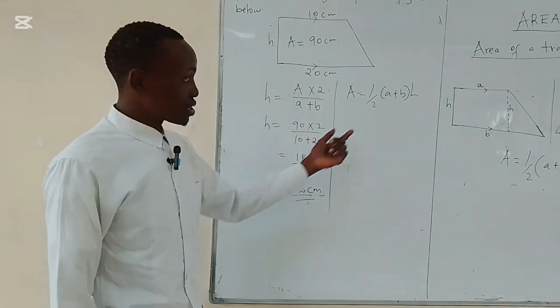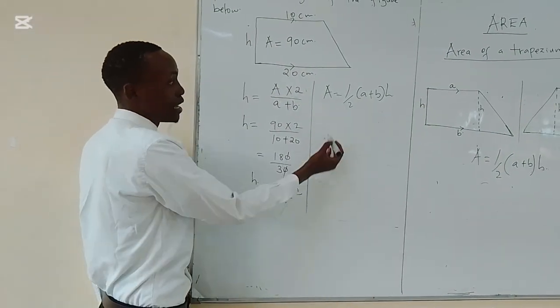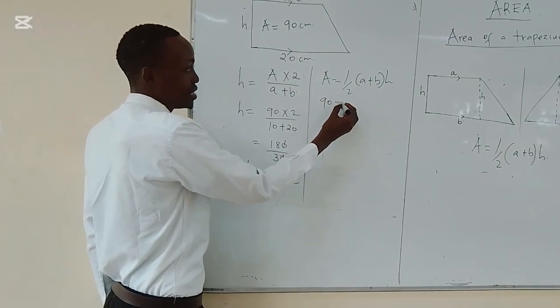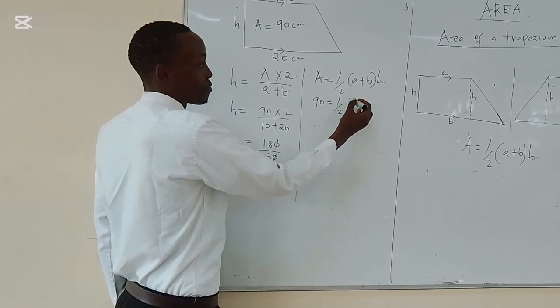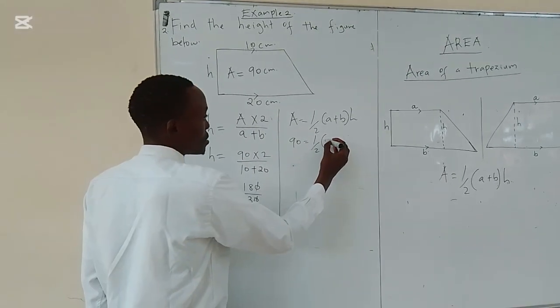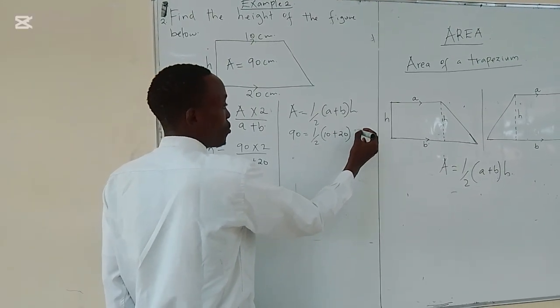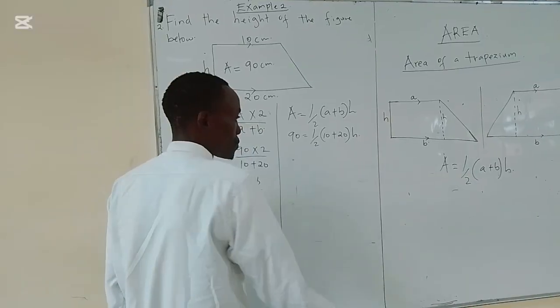So this is a shortcut, but the long method can also work. So use area as 90, we've been given 90 is equal to half into A, so A can take as 10 plus B is 20. Then we don't have height, so just H.